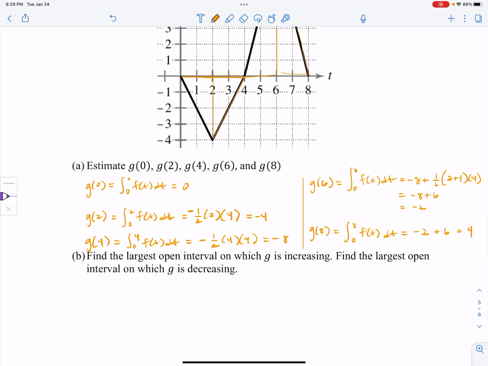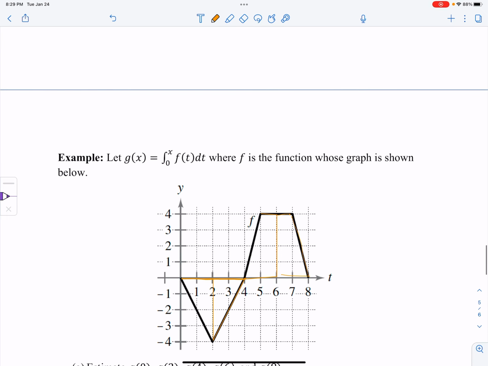Okay, question B, find the largest open interval on which g is increasing. If we think back to like chapter 3, how do we determine where a function is increasing or decreasing? We look at the sign of its derivative.